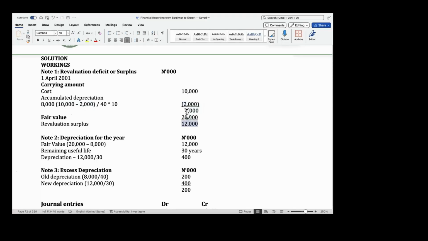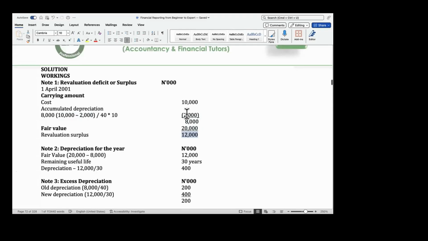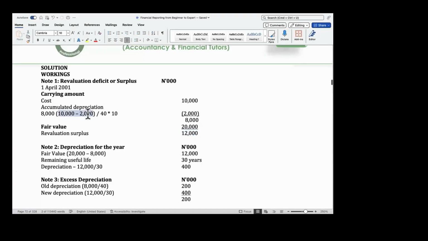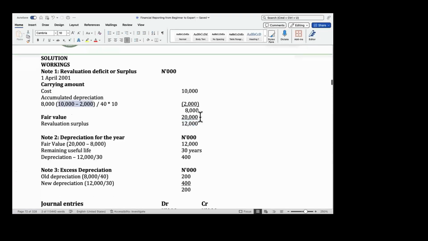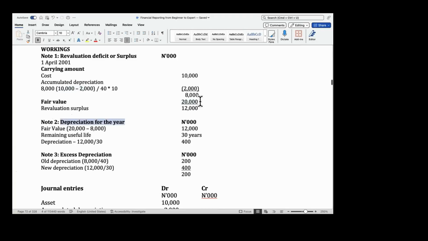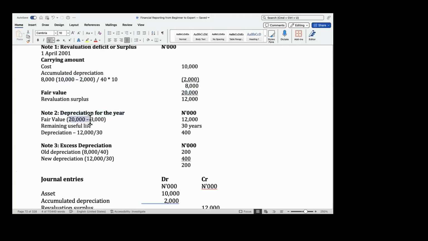I think where the confusion came in was perhaps we are thinking that we are computing for both of them differently. No, we are not; we are doing it as a whole. The only impact of the separation is when you are computing depreciation. If you want to understand it better, when you compute the depreciation for that year, it will be based on the new value, so you do 20 minus 8.